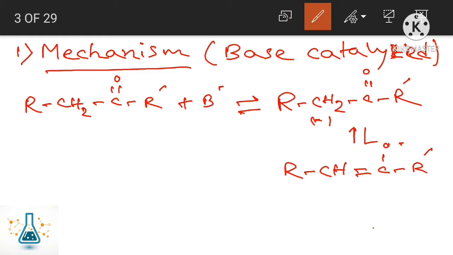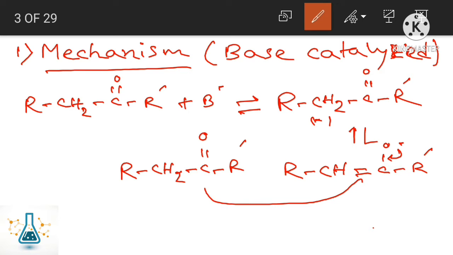Then what happens in the second step? Another molecule of RCH2COR prime will be there, and this is the nucleophilic part. So in this step this will go there and attack this carbonyl, and it will be like this.